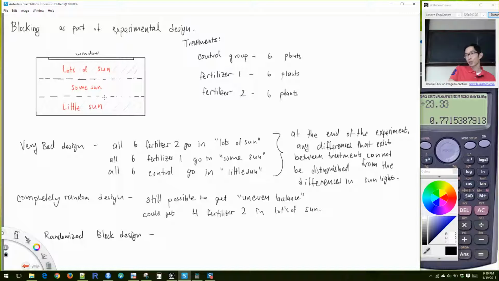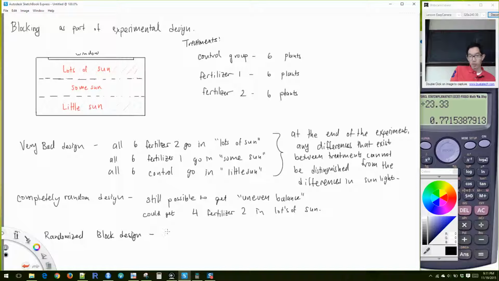The question we're asking isn't, does sunlight affect plants? We know that this is true. And so what we're going to do is create blocks and say, the lots of sun block, we're going to make sure we get 2 from each of the 3 treatments. In the some sun, we're going to make sure we get 2 from each of the 3 treatments. And in the little sun, we're going to make sure we get 2 from each treatment.